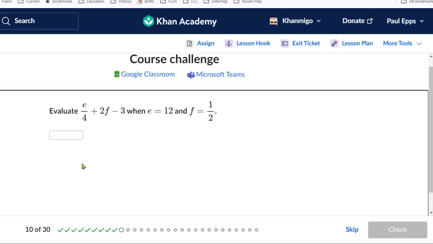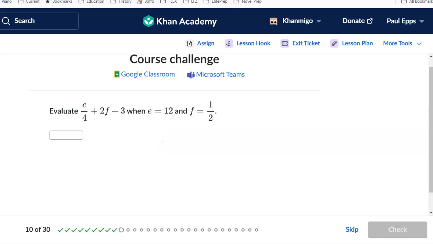All right, good. Evaluate E over 4 plus 2F minus 3 when E equals 12 and F equals 1/2. All right. E equals 12. So 12 over 4 is 3.